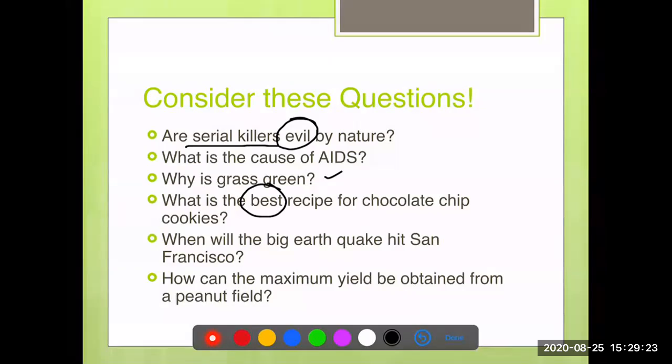All right, let's look at the next one. When will the big earthquake hit San Francisco? All right. Listen, I don't know. I mean, if you're somebody that lives in San Francisco, there can't be too many more important questions to ask than when will a big earthquake hit, given the fact that they're in California and that San Francisco has a rich history of big earthquakes. Not long ago either.